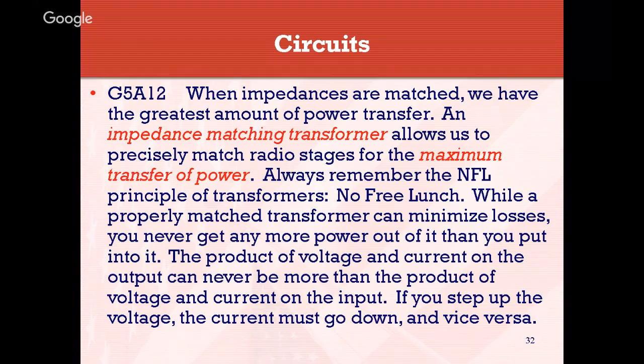And that's why antenna tuners were invented, so that you can match that impedance as closely as possible to 50 ohms. It still may not be a very efficient antenna system, but your radio transmitter is going to be much happier about it anyway. So there you go. An impedance matching transformer allows us to precisely match radio stages for the maximum transfer of power. And this all has to do with internal stuff.